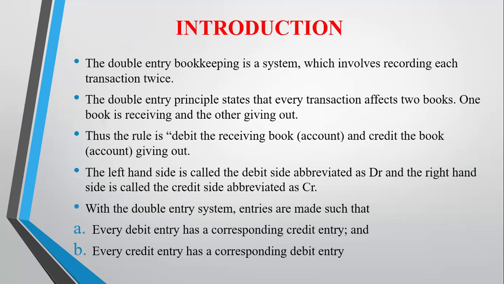So the double entry is a system which involves recording a transaction twice. That is, anytime a transaction occurs, the double entry principle is saying it should be recorded twice.